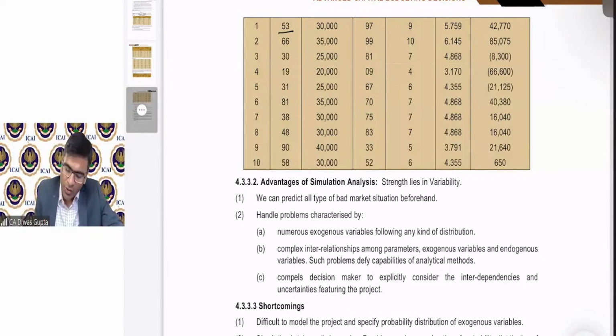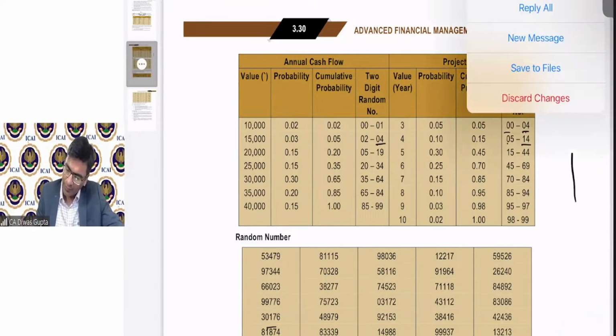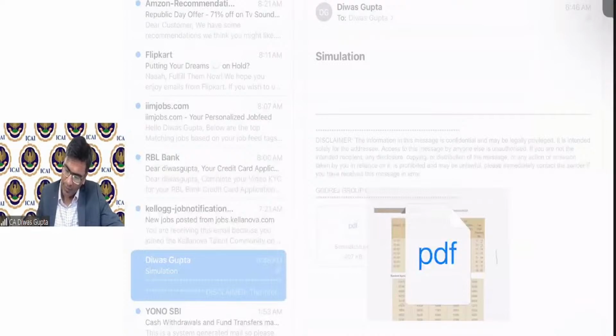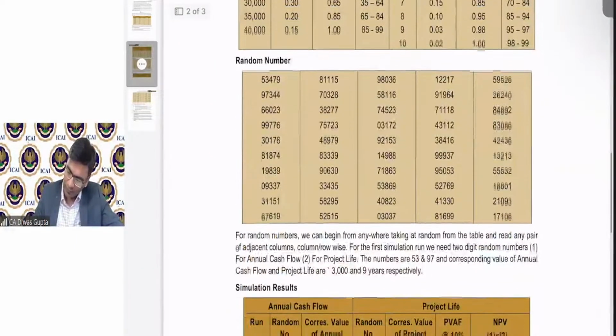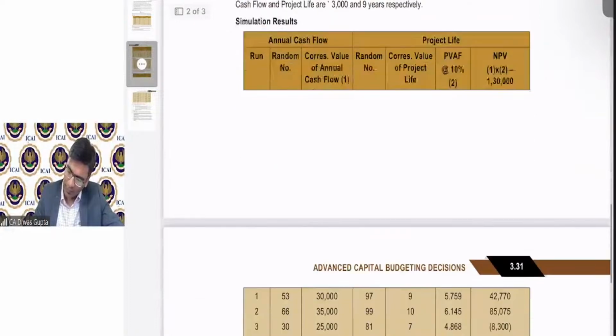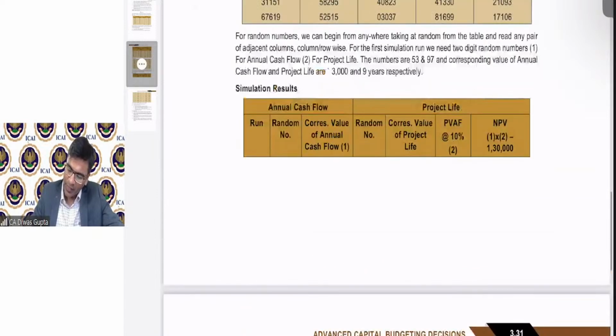That's why. So, see 53. How have we arrived at 53? So students, see the heading here, random number 53, right? Where have we taken 53?